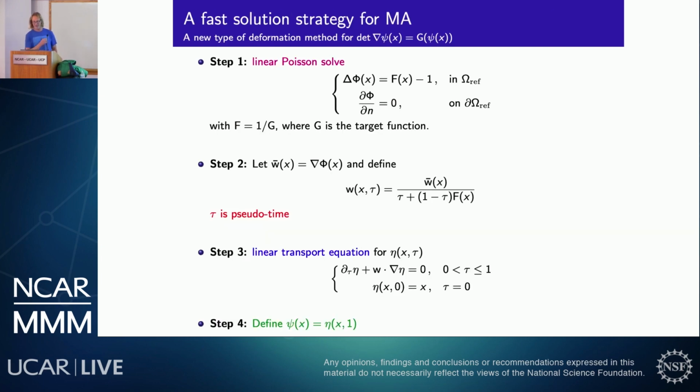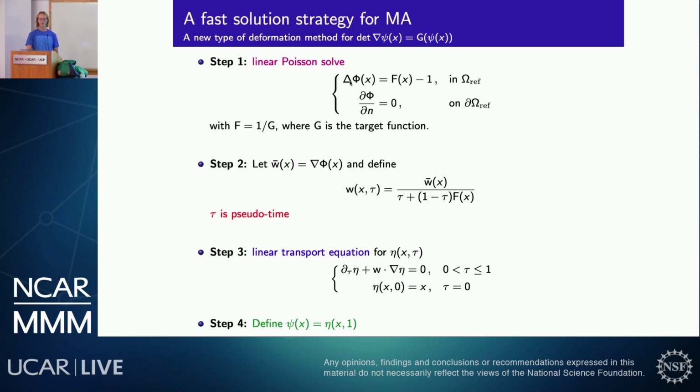So this slide is the algorithm for how you solve this equation here. So remember, you've given me the rule g, which is what's called the target function. It's where you want your nodes to cluster. So I'm going to solve this equation in the following way. Phi is a velocity potential. There's some velocity w bar, and it's equal to gradient phi.